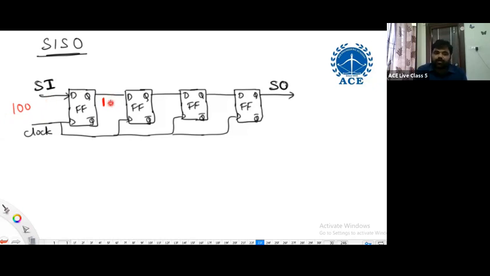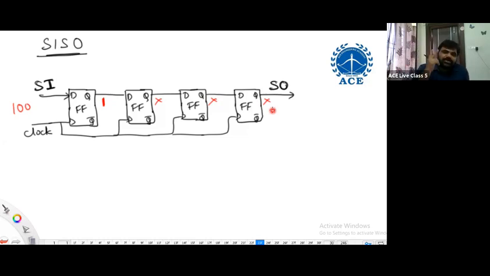What about the remaining flip-flop outputs? Unknown. If a reset condition is there, we can say 0, but I don't know what it is initially, so let me say it's unknown. So this is the status of the register after the first clock cycle.